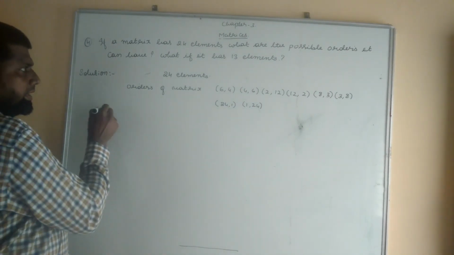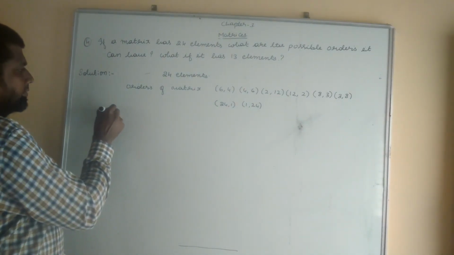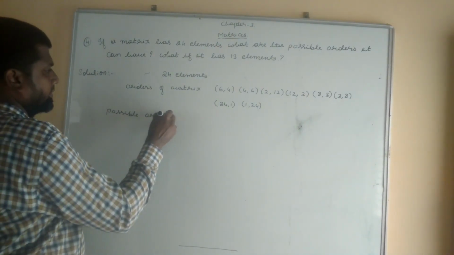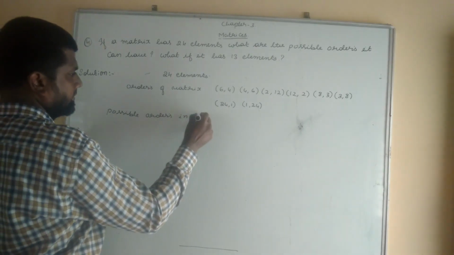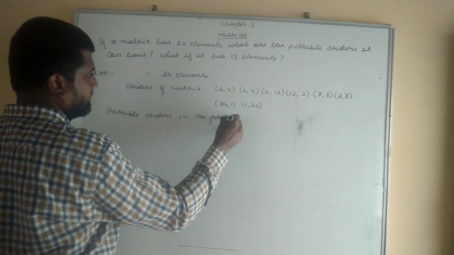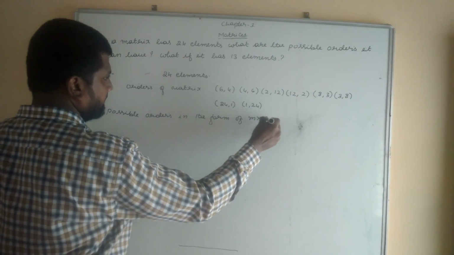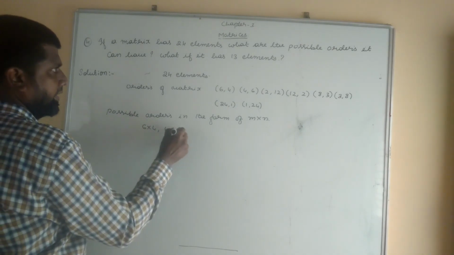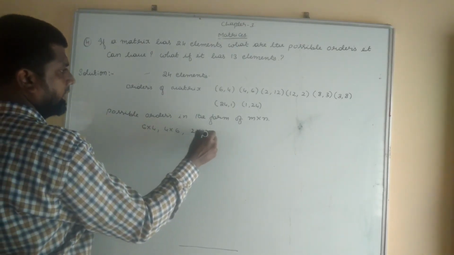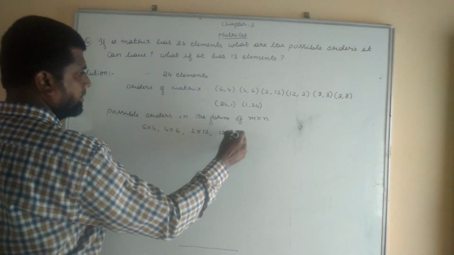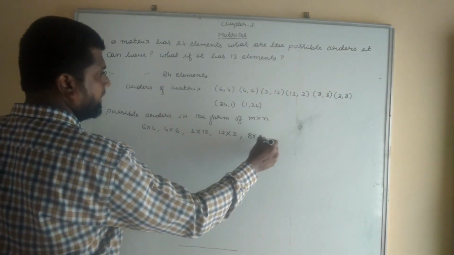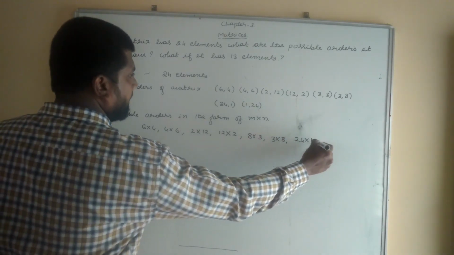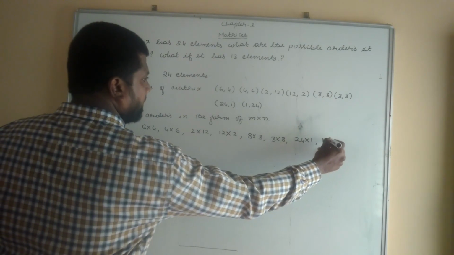So let us write the possible orders in the form of m cross n: 6 by 4, 4 by 6, 2 by 12, 12 by 2, 8 by 3, 3 by 8, 24 by 1 and 1 by 24.